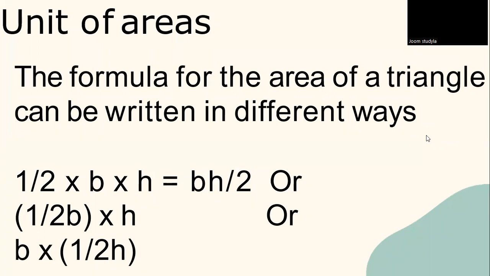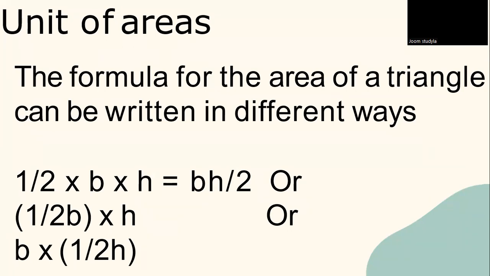Unit of area. If the dimensions of your shapes are given in centimeter, then the units of area are square centimeters. And this is written as cm to the power of 2. For meters, m to the power of 2 is used, and for kilometers, km to the power of 2 is used, and so on.